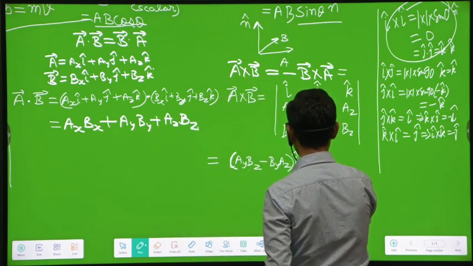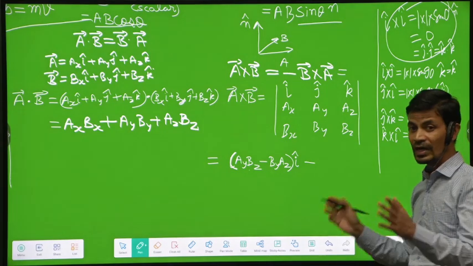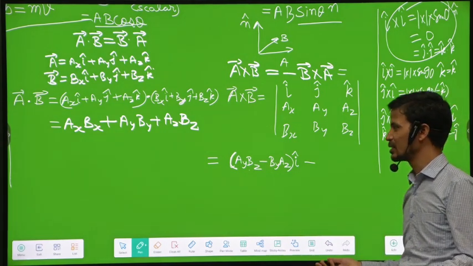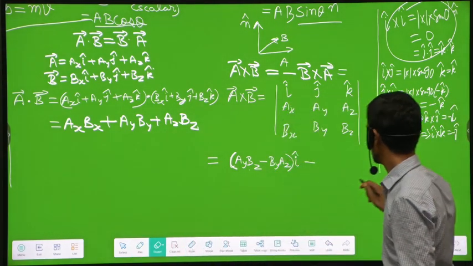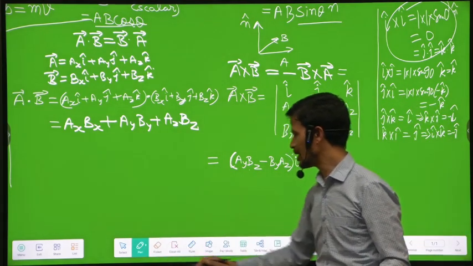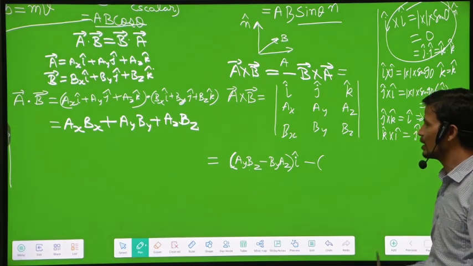Then put a negative sign. Why is it so? The reason is a bit lengthy. It is meaningless to talk about it in this video. It is totally mathematical, so I'm not giving its explanation here.